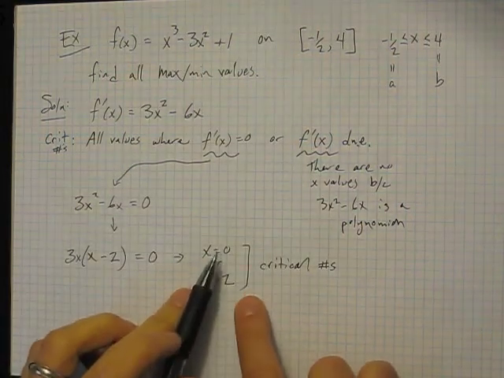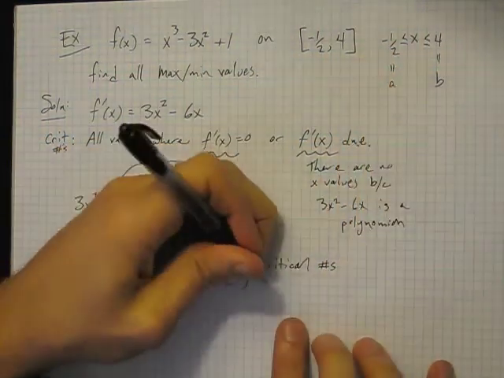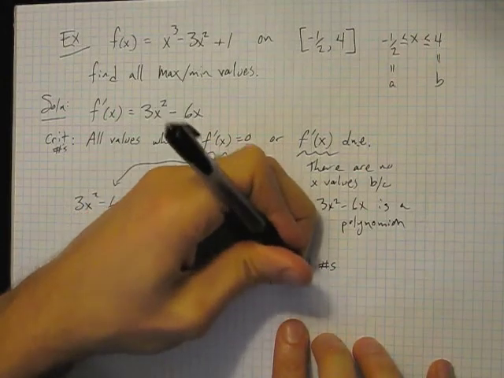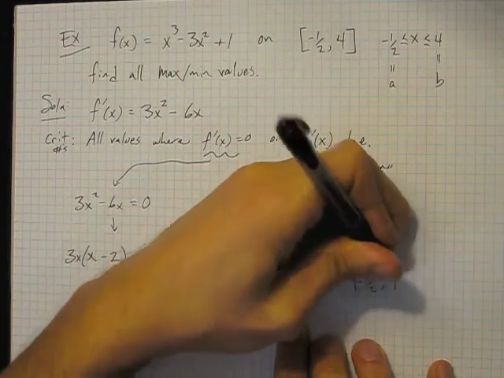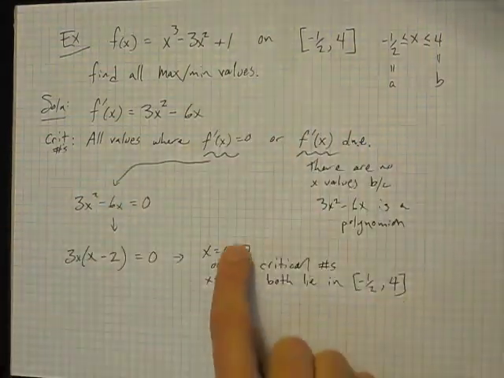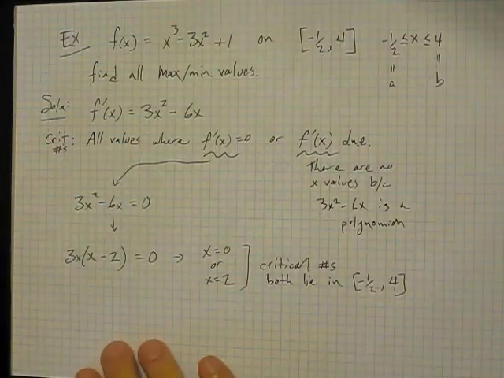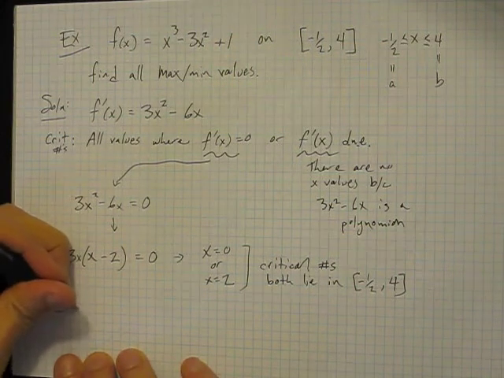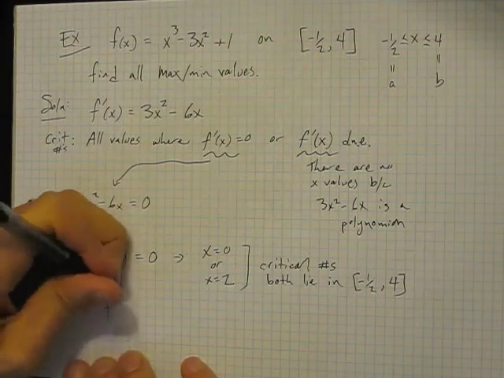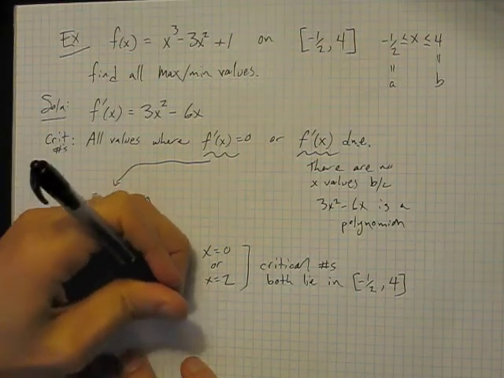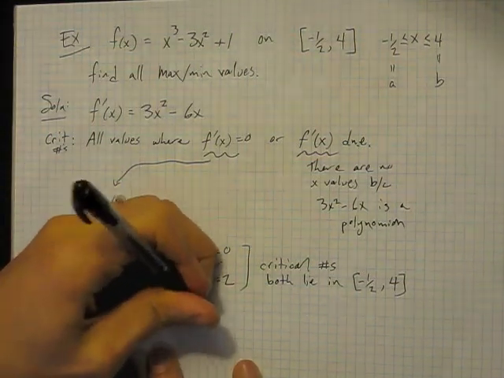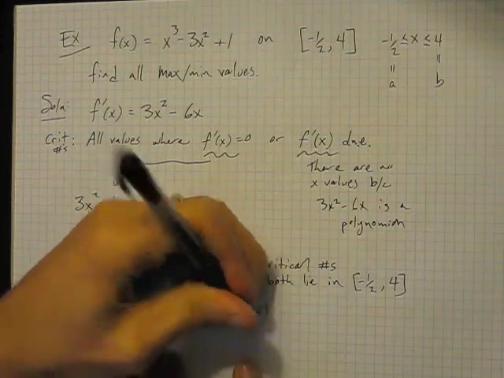Now we observe, okay, 0 and 2 both lie in this interval from minus a half to 4. So we really do have 4 numbers to check. So we check f of minus a half, f of 0, f of 2, and f of 4.